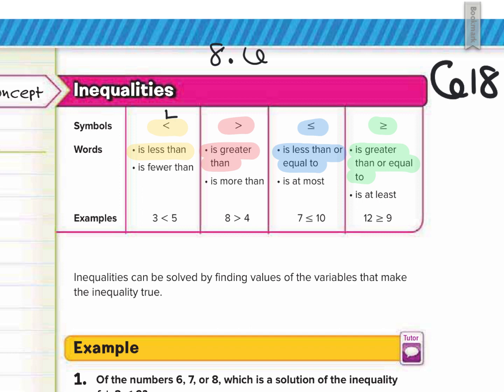So some common phrases that we see for the less than symbol is fewer than. For the greater than symbol, you might see more than. Less than or equal to, a lot of times you'll see the phrase at most. And then greater than or equal to you use when you see the phrase at least.